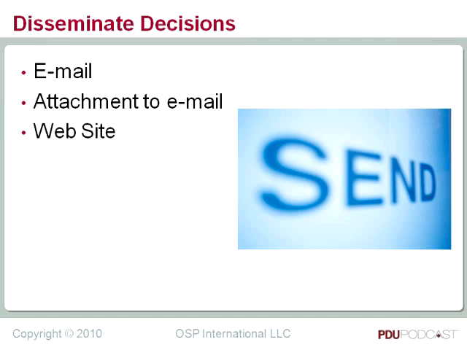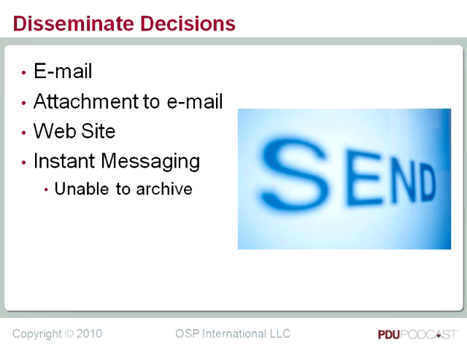You can use instant messaging if you want, but the problem with that is you can't archive it, and it's not generally the best approach to making sure that everybody understands what the message is, and if there's a question about it later on, you can always go back and find out who's responsible for what.